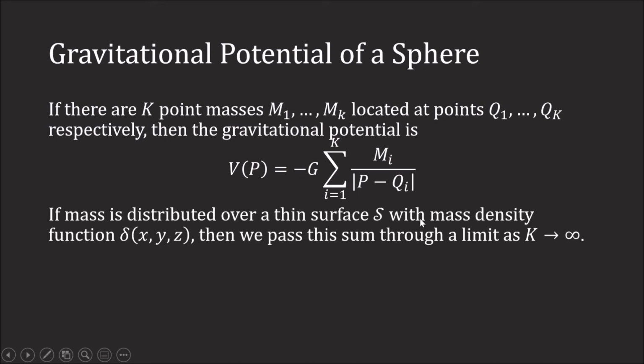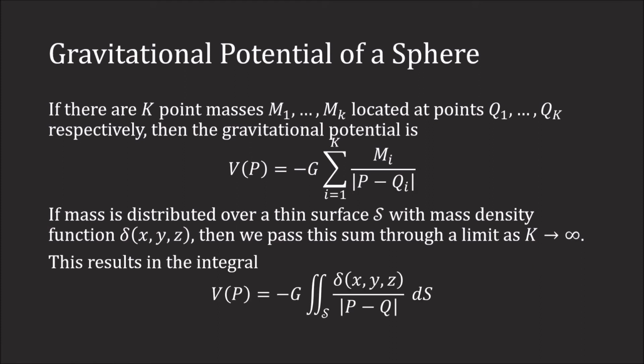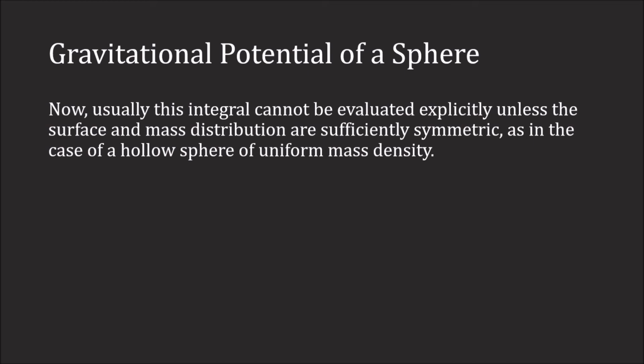If mass is distributed over a thin surface S with mass density function delta, then we would pass this through a limit as k approaches infinity, and that would result in this integral. Usually this integral cannot be evaluated explicitly unless the surface and mass distribution are sufficiently symmetric, as in the case of a hollow sphere of uniform mass density.